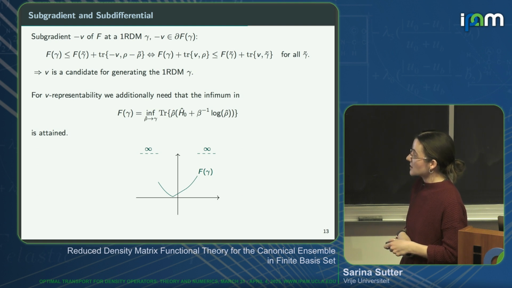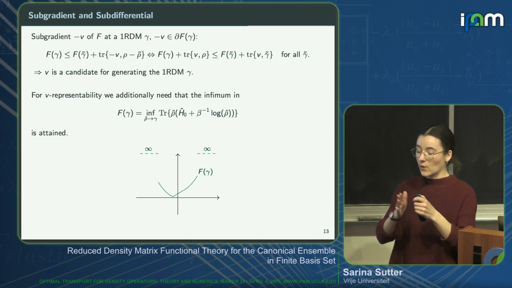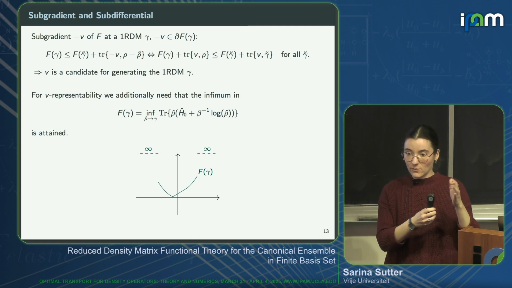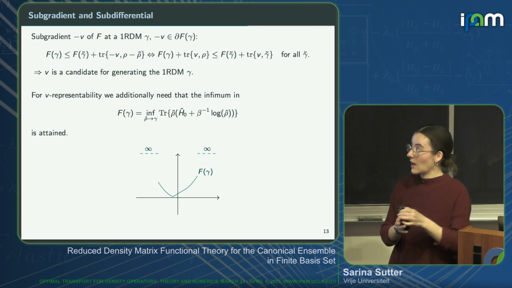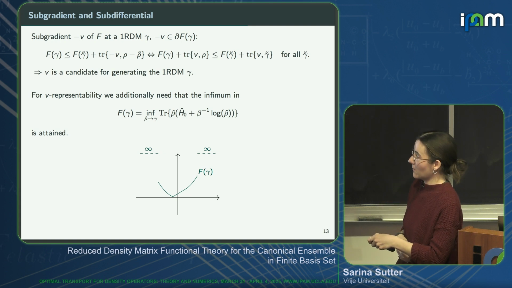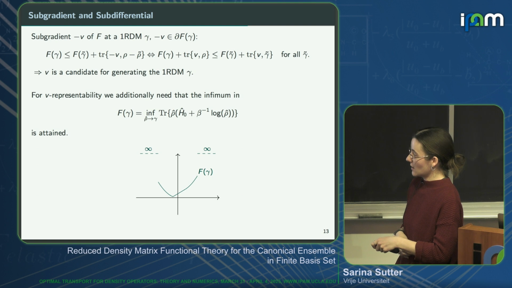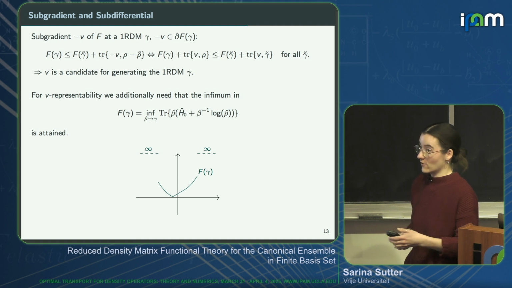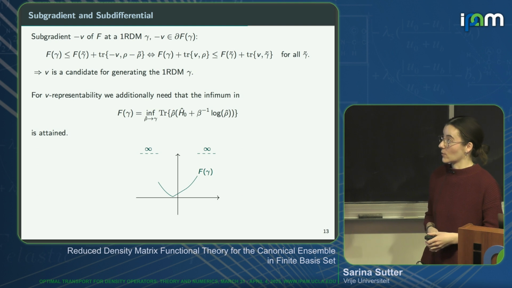What this means is that if we are not able to find a minimum, we have some kind of linear term. The 1-RDM from the Gibbs state will have a minimum, but for all the others, because they all have the same subgradient, we will not have a minimum but only an infimum.